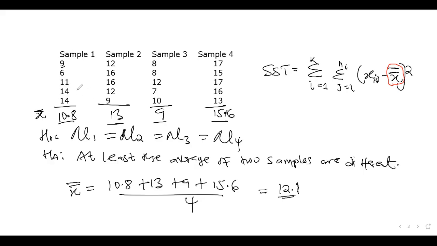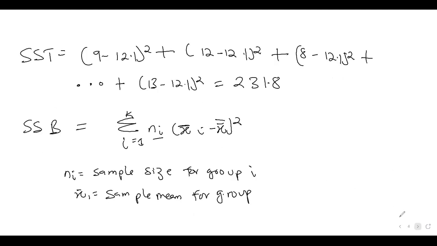But if you want to look at the variation of group 1 as compared to the total variation of group 2, group 3, and group 4, we are now looking at the variation between the groups, right? So the sum of squared between is the total variation between the groups. Mind you, the total variation in all the figures put together is caused by the variation between the groups and the variation within the groups.